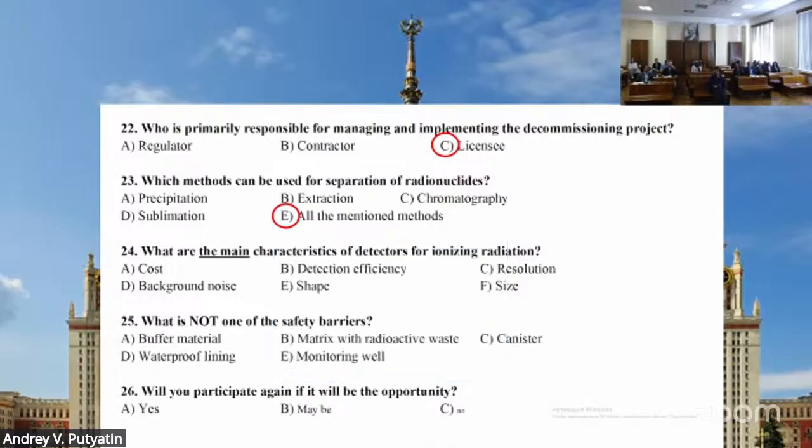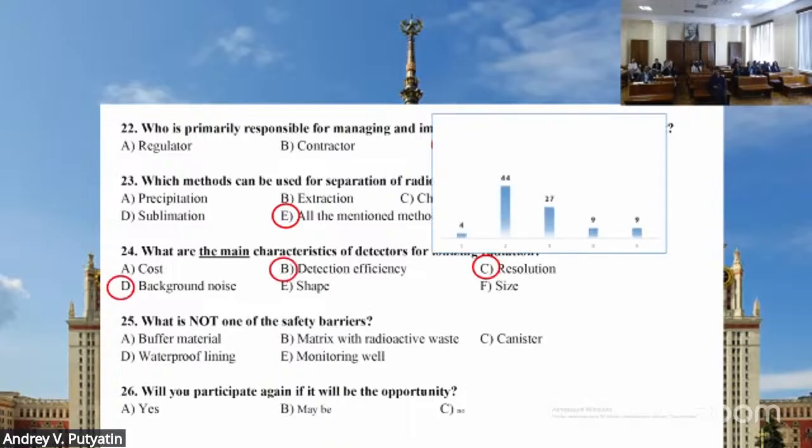What are the main characteristics of a detector? Of course, the most important of them are detection efficiency and resolution, but sometimes we also include the background noise, depending on the activity of the objects that we measure. So again, almost all of you answered correctly. What is not one of the safety barriers?